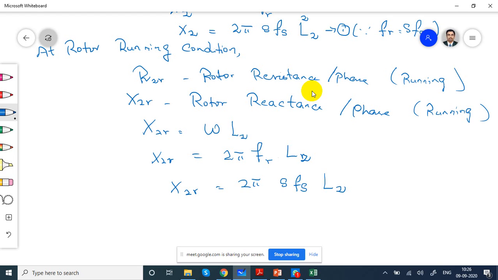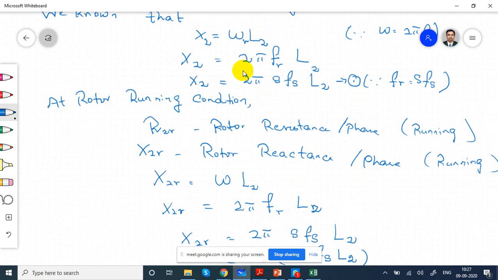You can take s outside, 2 pi fs into L2. So s into 2 pi fs into L2 means, sorry, it will be a standstill condition.